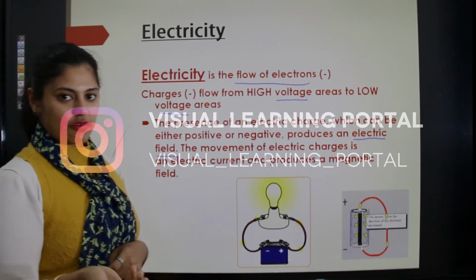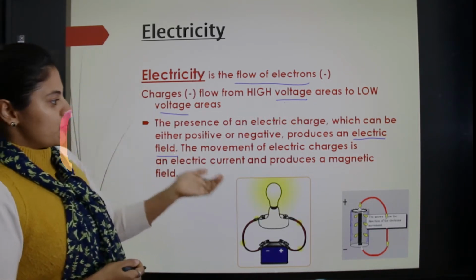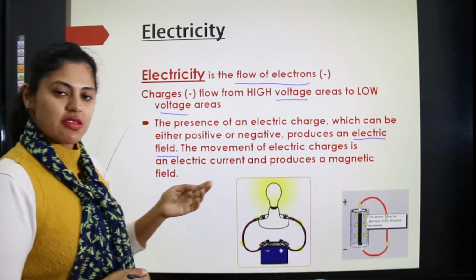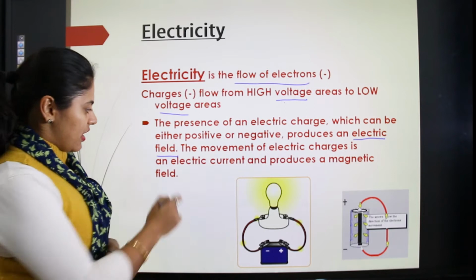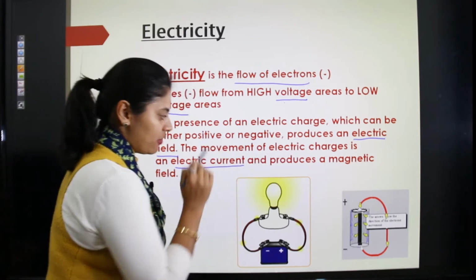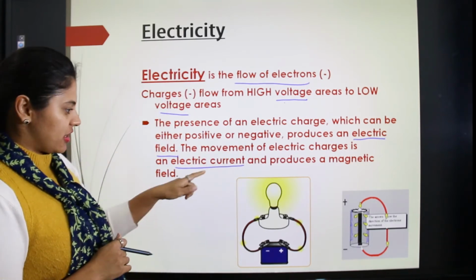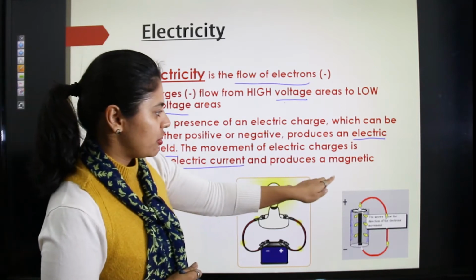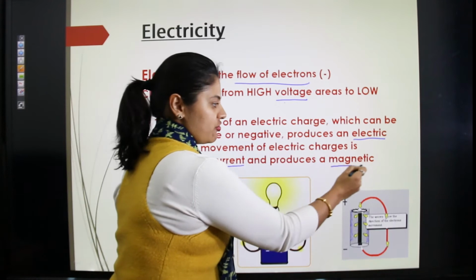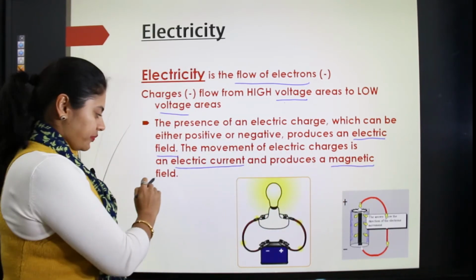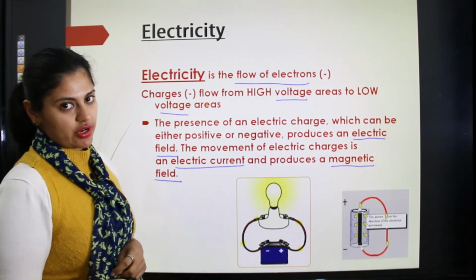So that's the basic definition of that as well. The movement of the electric charges, meaning the movement of the electrons, is an electric current. So here we have one more related word, current, and it produces a magnetic field. Whenever there is a movement of charges, there is always a magnetic field related to that.